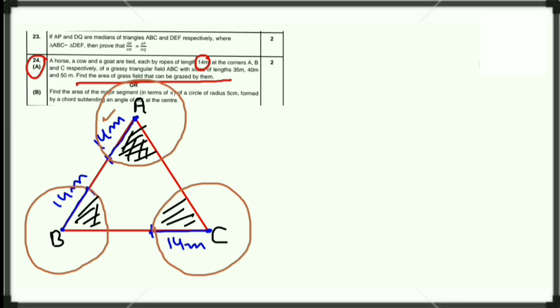And according to this question, we need to find the area of this shaded part, I mean the area of these 3 sectors, right?